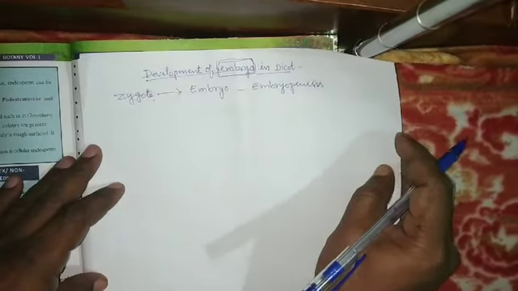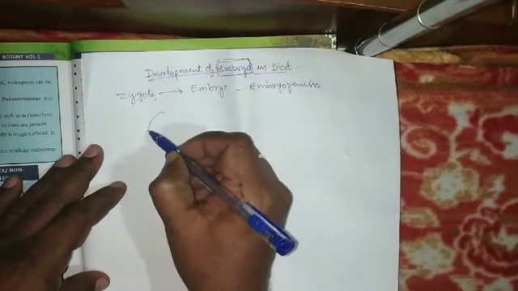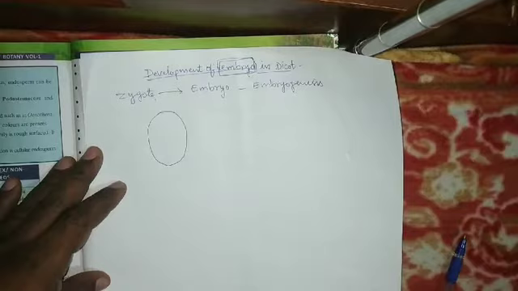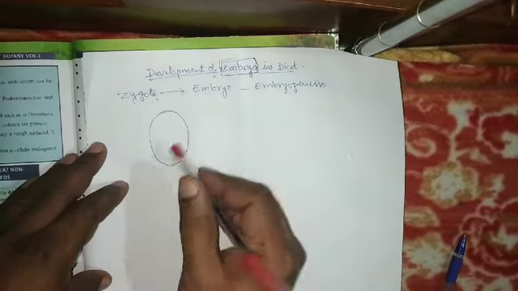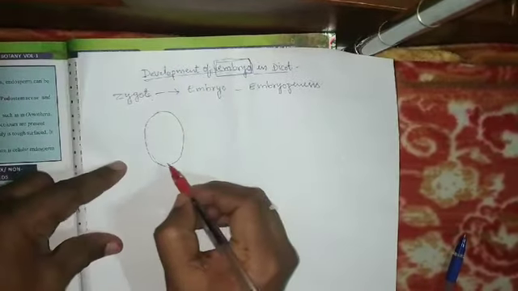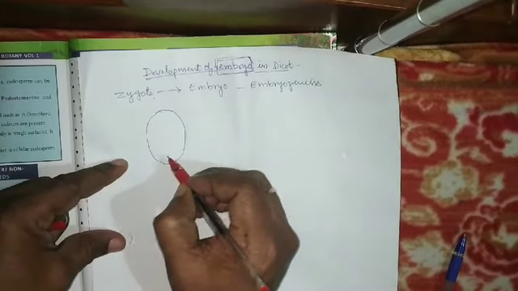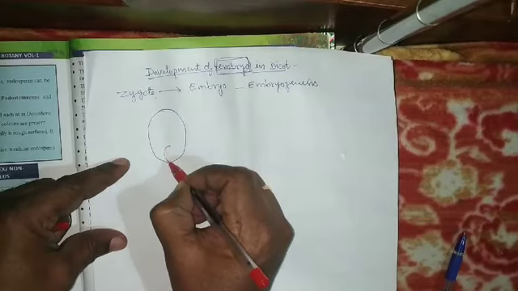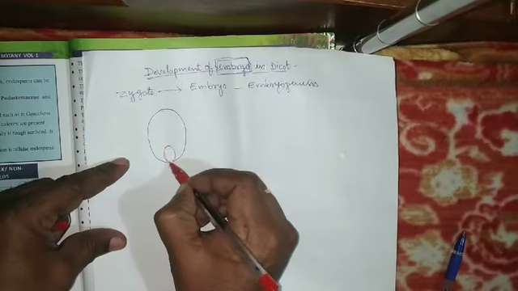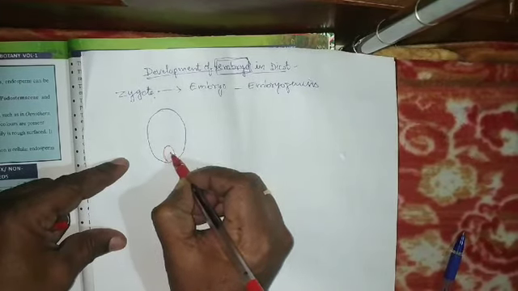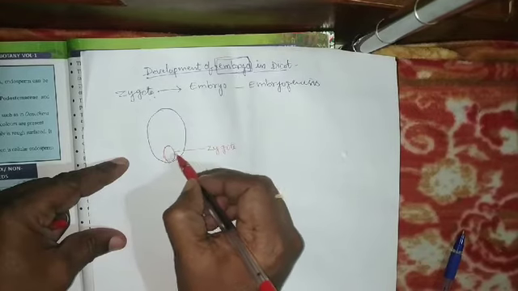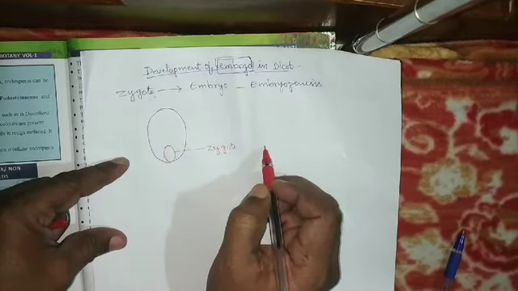Actually, the zygote is inside the embryo sac. So inside the embryo sac, what is present? This is an egg cell. After fertilization, this egg cell converts into the zygote, and the antipodal cells and synergid cells all degenerate.